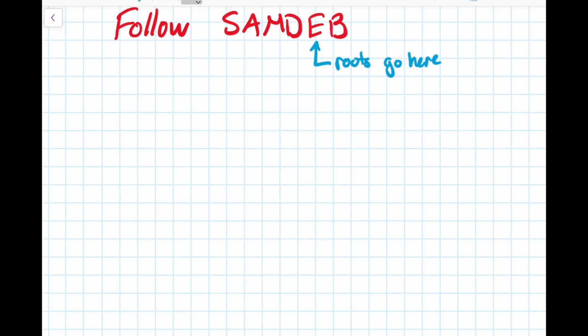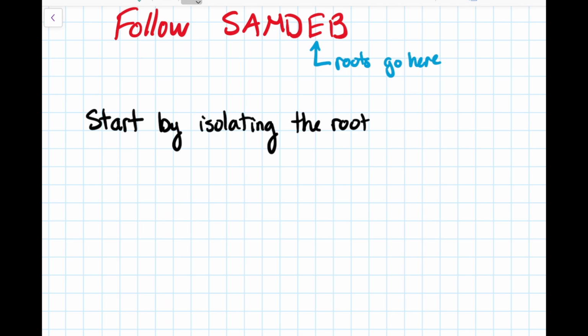For now, the key thing to remember when you're solving these things is you're going to start not by isolating your variable, but by isolating the root. Once we've got the root isolated, then we can worry about everything else. But you really need to start by isolating your root. And that sometimes will be harder than in other cases, but we'll deal with some harder stuff in the next video. For now, let's just focus on basics.